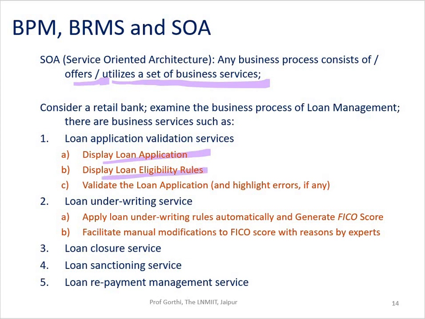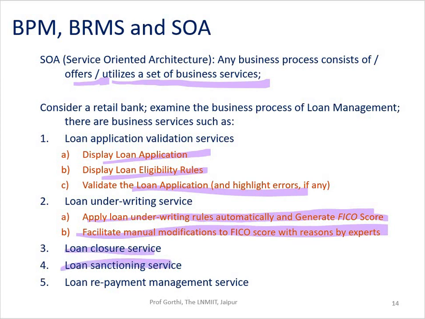I can have a display loan eligibility rule. I can validate the loan applications. For underwriting, apply loan underwriting rules automatically and I can generate the score. I can facilitate the manual modification to the score with reasons by some experts. I can go ahead with loan closure activity. I can go ahead with loan sanctioning. I can go ahead with loan payment management services as well.